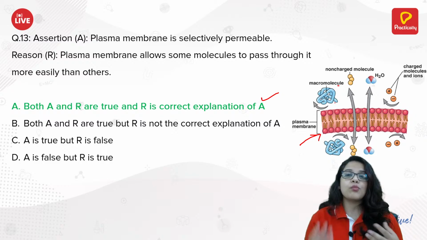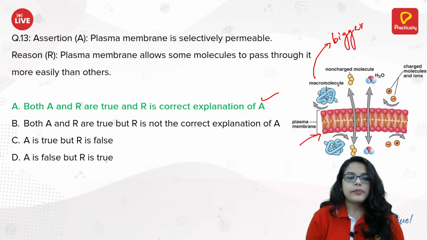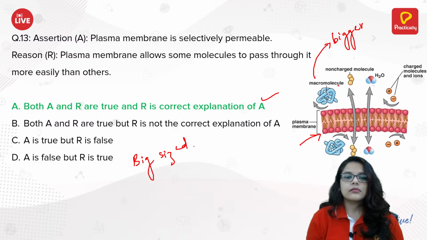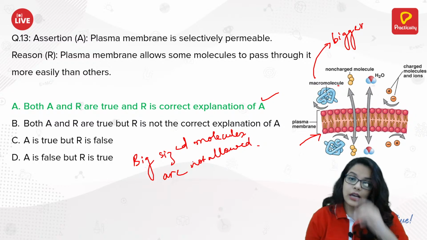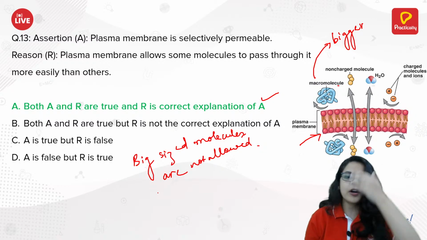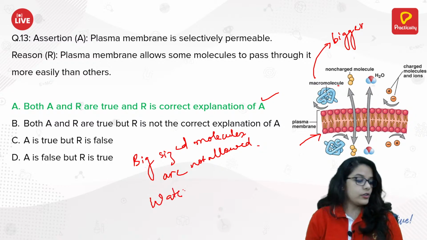There is a macromolecule. It will only allow small molecules. Macromolecule is something which is bigger in size. So big sized molecules are not allowed. Apart from that, water is allowed.